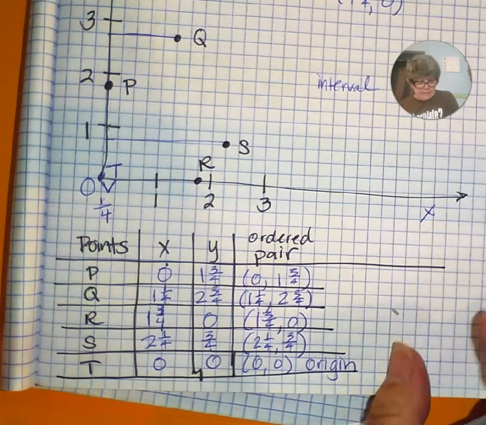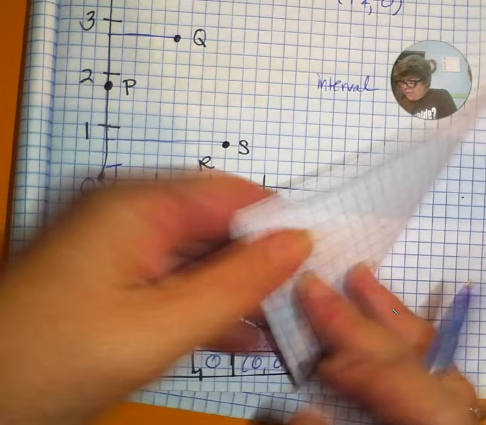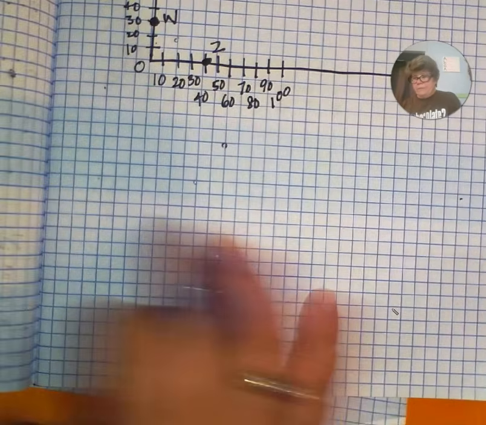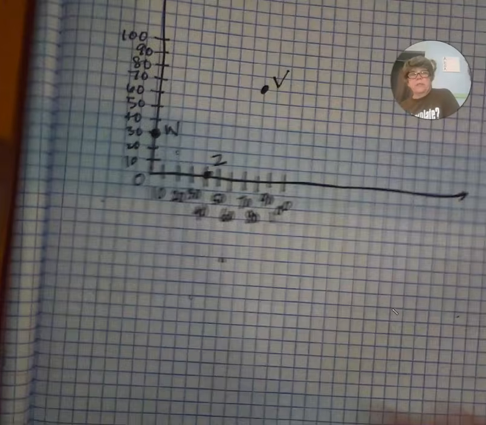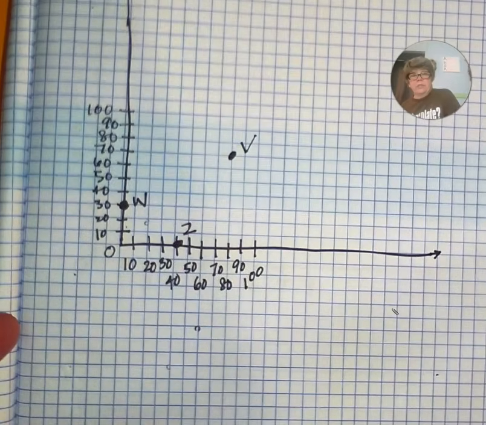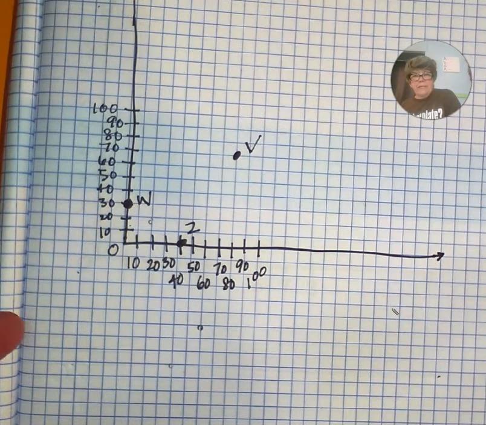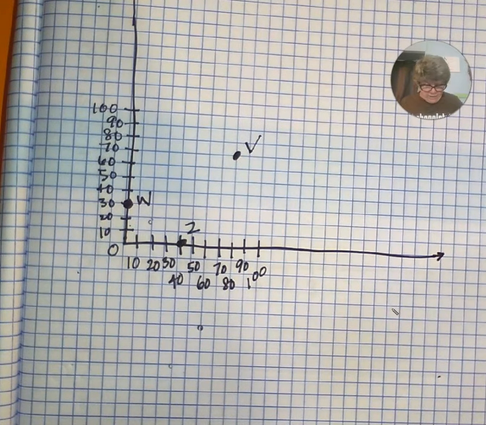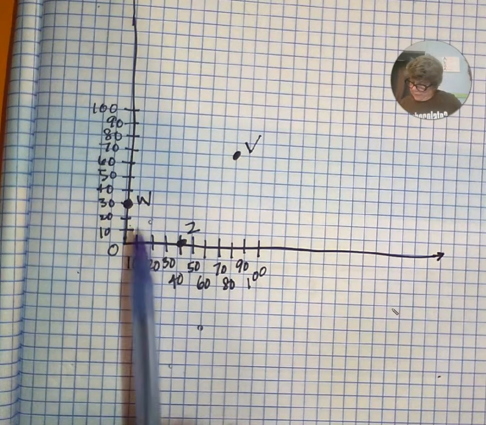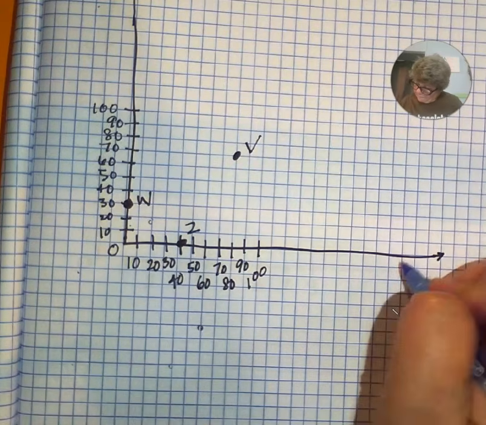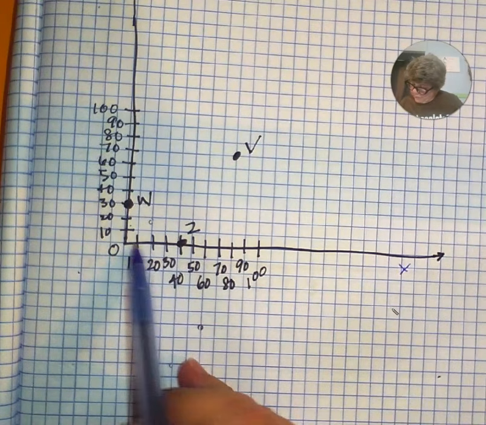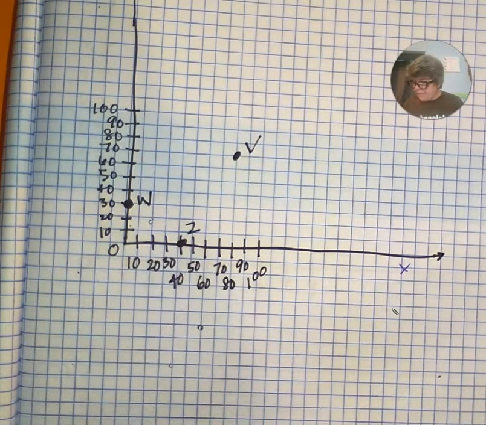All right, let's try this one. Now this one is not in your book, but check it out, thinking about different intervals that we could have. What do you see as the interval here on the x-axis? 10, 20, 30, 40. Yes, we're counting by tens.